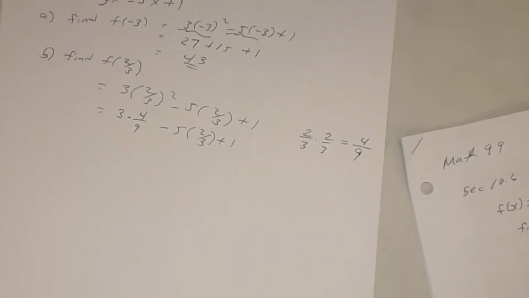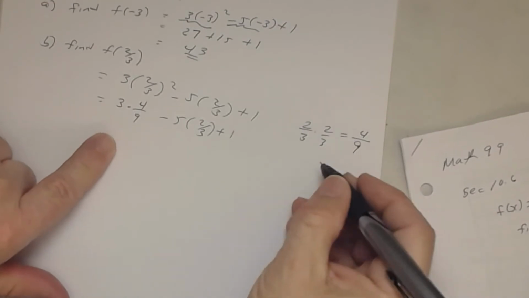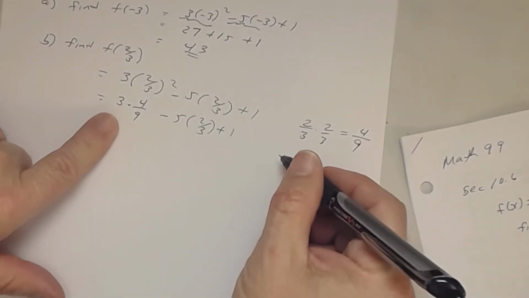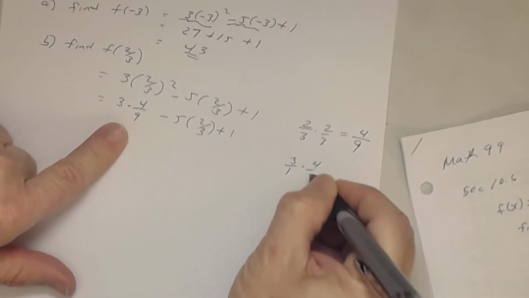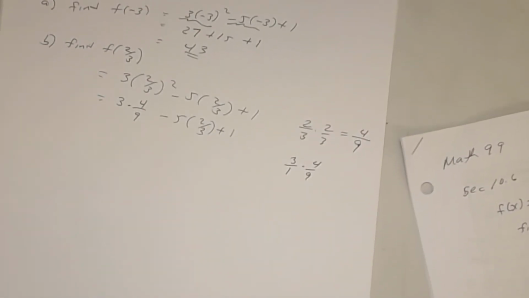Now, if you look at the operations you have multiplication, subtraction, multiplication, addition. So what do I do first? Multiplication. Let's do this one first. You have to remember something from previous courses. This 3 times 4/9, this 3 is really 3 divided by 1. So 3 divided by 1 times 4/9. So how do you multiply these two fractions? No. What do you mean by cross multiply? 3 times 4, 1 times 9.